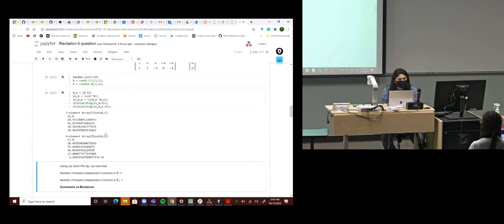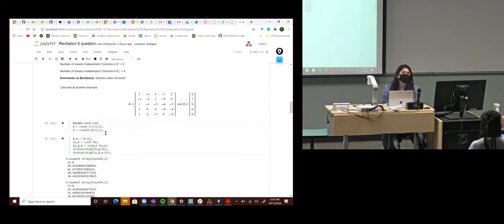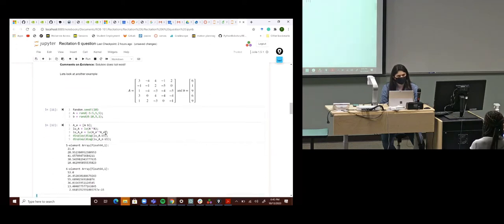Getting an error? What does it say? It's a singular exception. Run it again. Do you have the random seed there? Yeah? The random dot seed is 10. Okay.